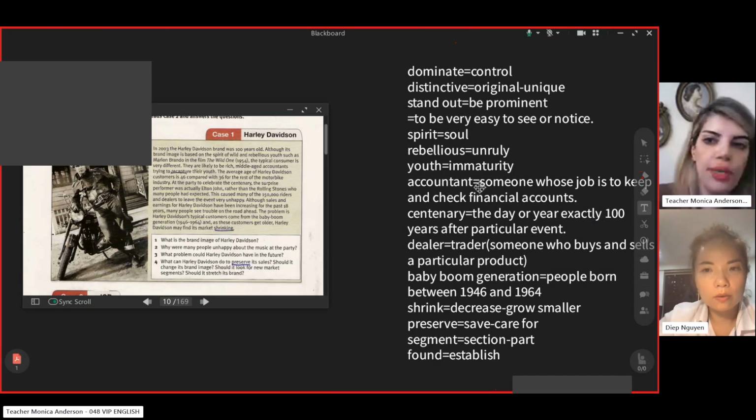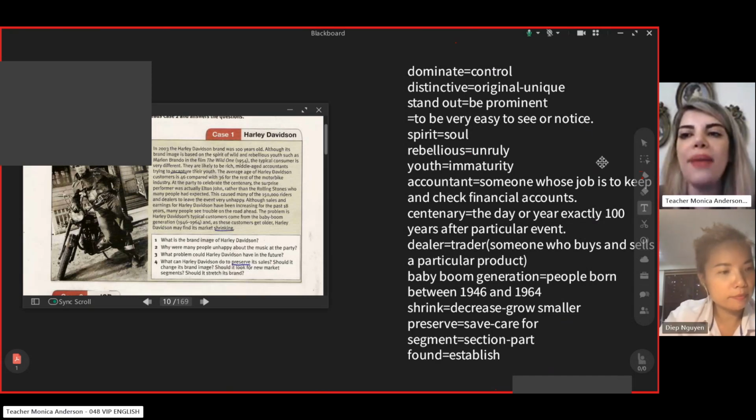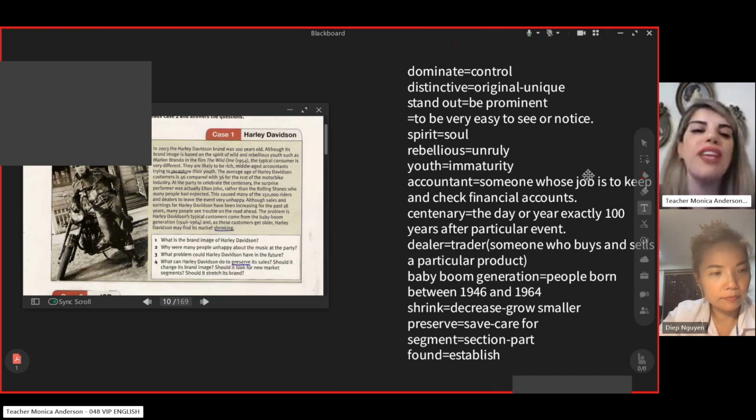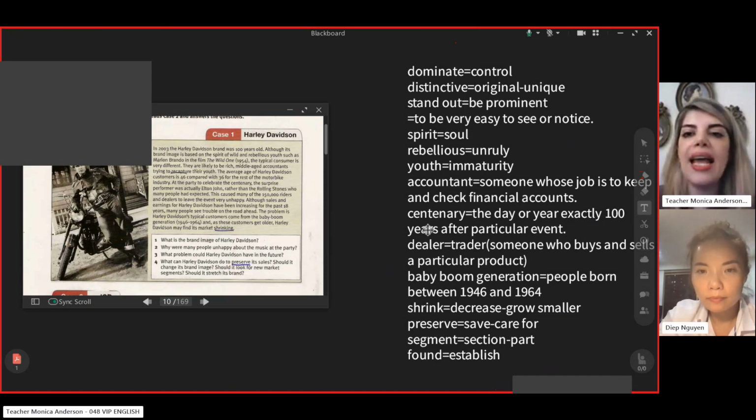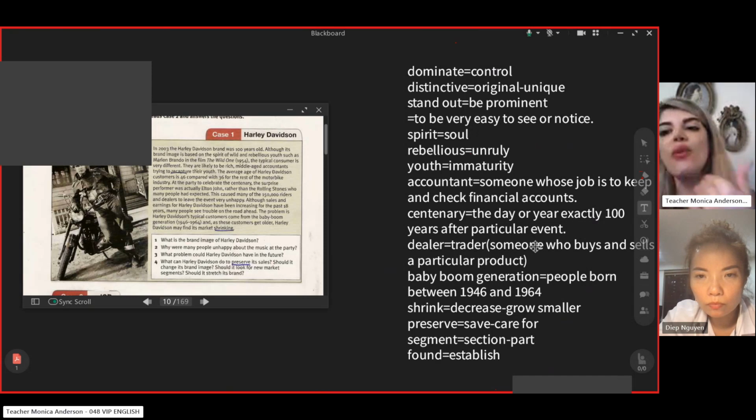Accountant is someone whose job is to keep and check financial accounts. And we have centenary. What does it mean? The day or year exactly 100 years after a particular event.